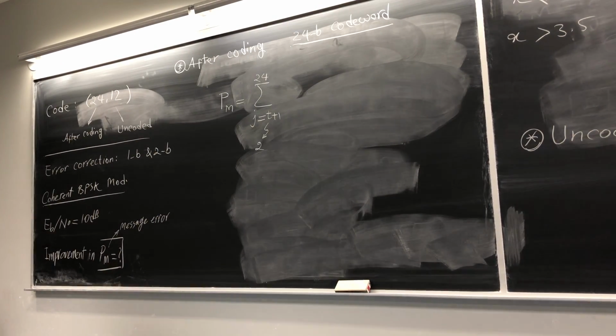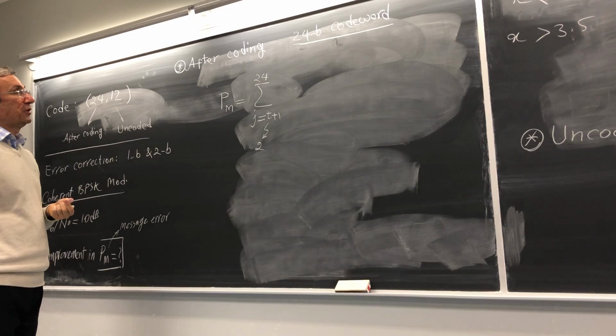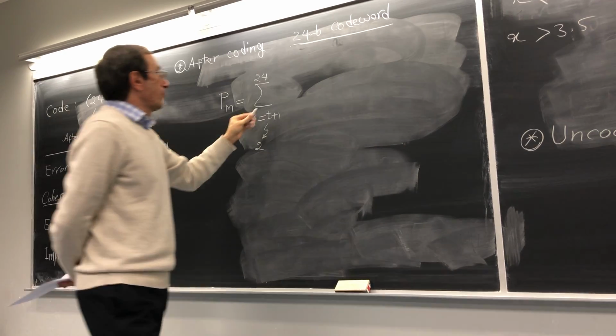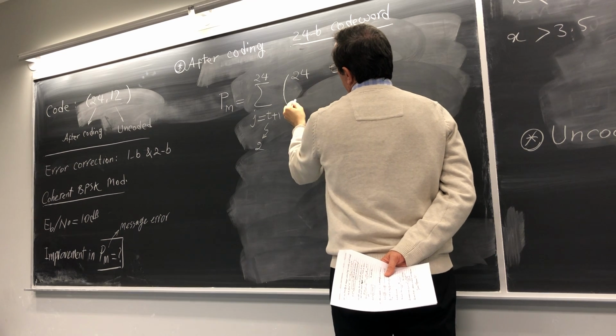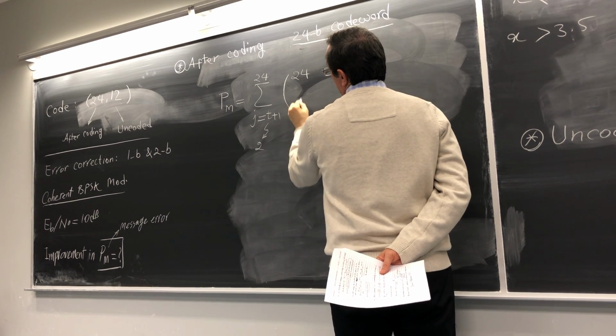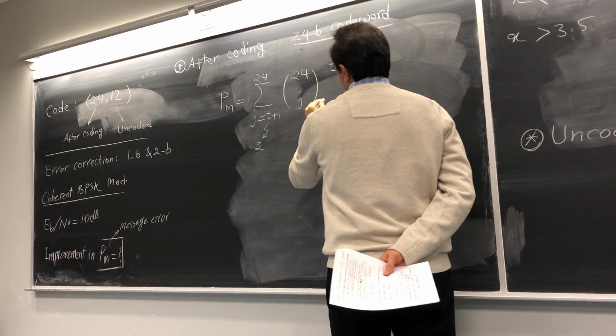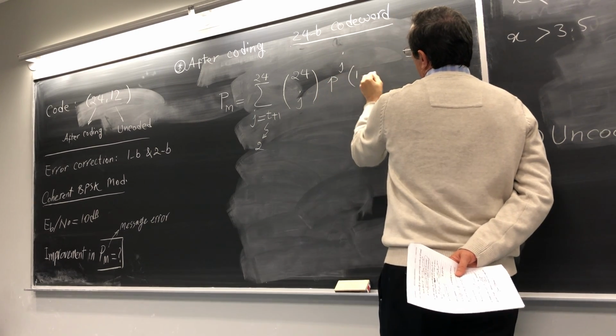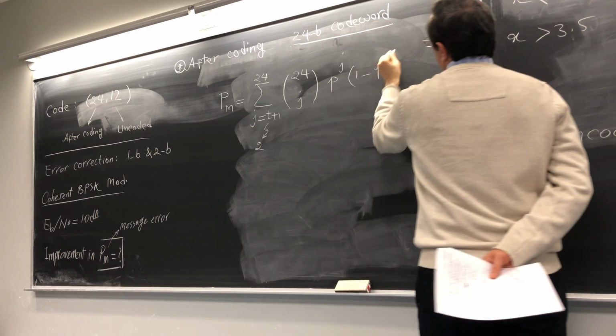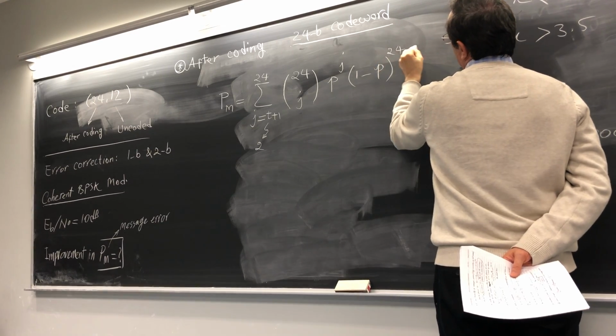So any one of those 24 bits in the code word might be changed by error. So 24 choose j times p to the power of j times 1 minus p to the power of 24 minus j.